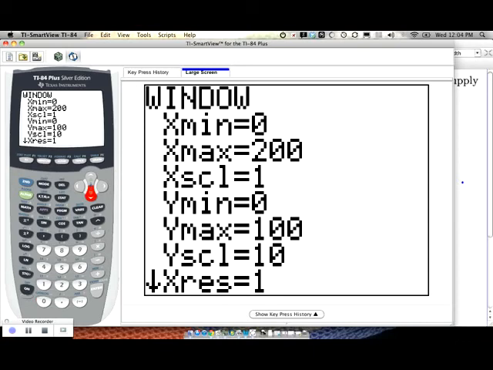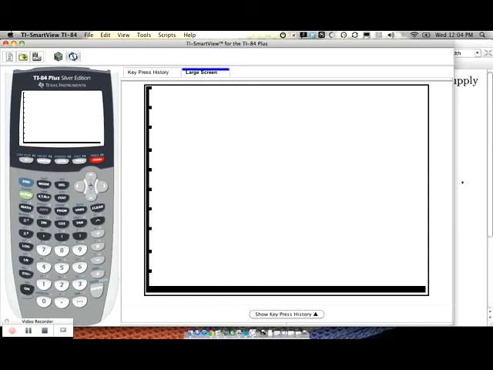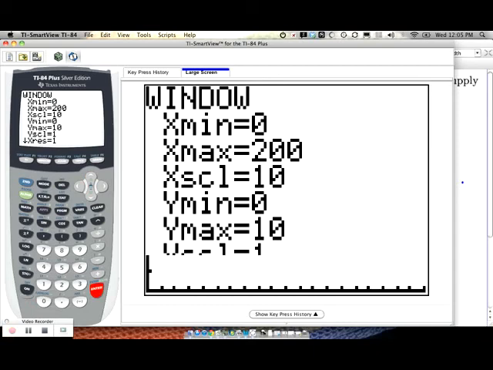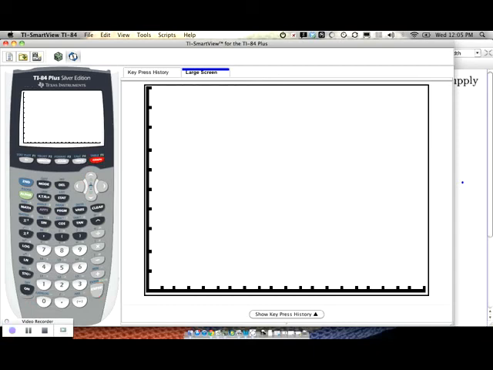Maybe it's too tall, actually. So let's go to window. We're going to change our y maximum to just 10, 0 to 10. And for the y scale, we can go from 1. And then for the x scale, we can do that by tens also. Do we still see anything? We still don't see anything. So we have 200 times the current rate times e to the 0.05x.